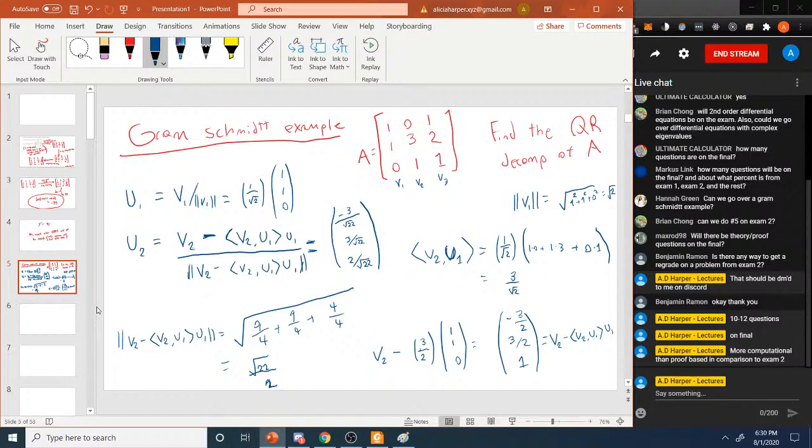So let me sanity check myself real quick to make sure this works. Yeah, if I take the inner product of this with this, I get 0, which is right. This is definitely a unit vector, so far my computations are correct. So let's take it all to a new slide.